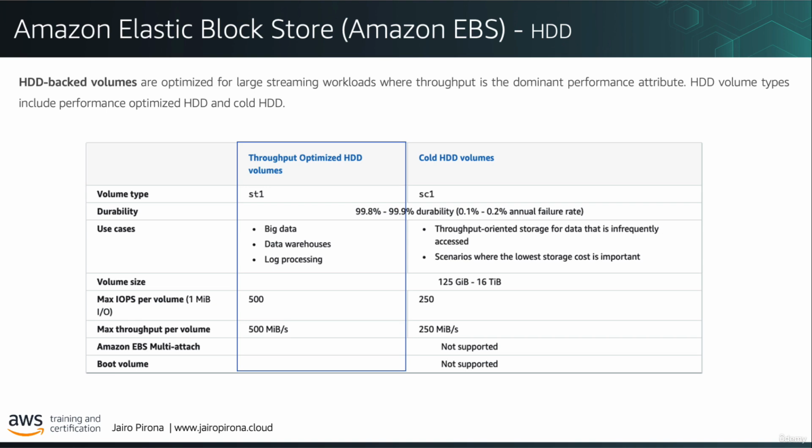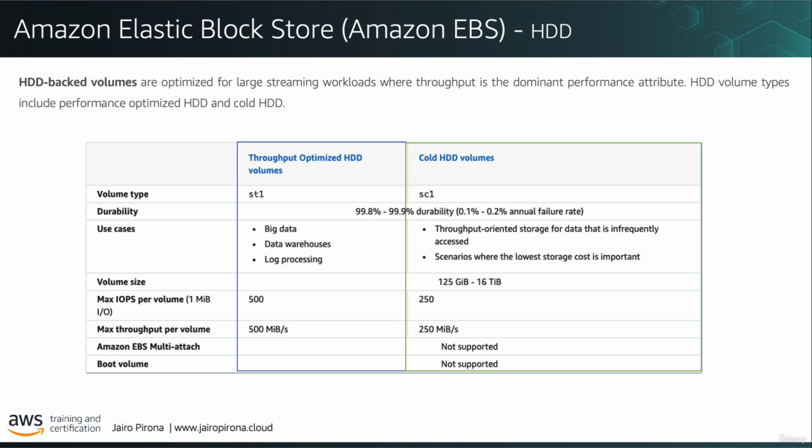They are a good choice for large, sequential workloads that are accessed frequently, such as data warehouses and log processing. For example, you might use the ST1 volume for a backup system. In this case, you would need high performance to transfer large amounts of data at a time, but you would not necessarily need a high number of IOPS.